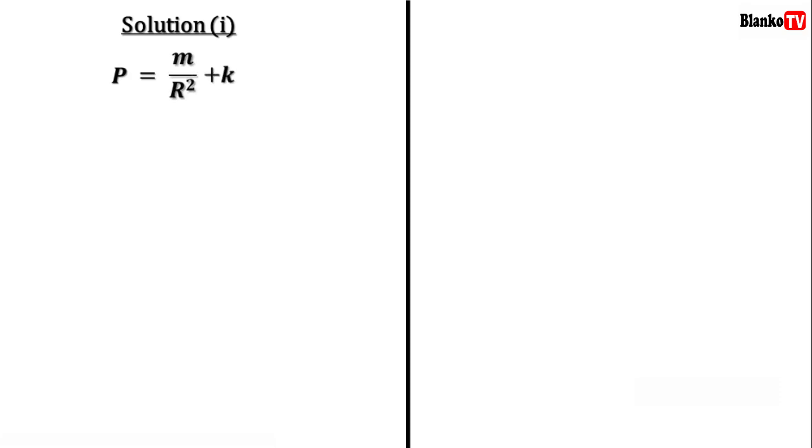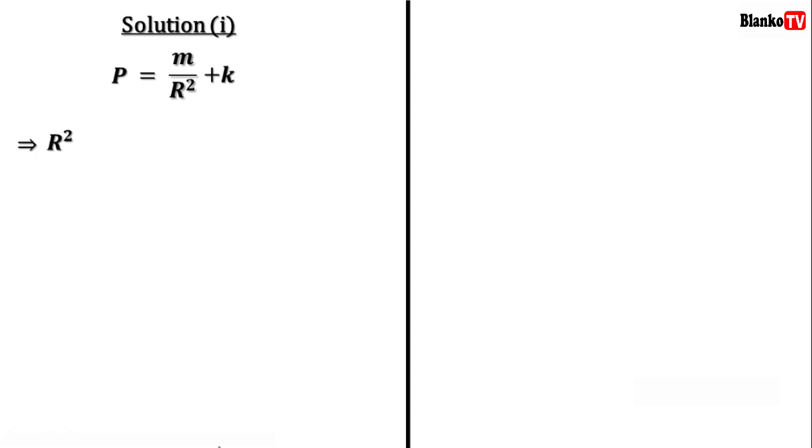Okay, so we have P equals m over r squared plus k, and we are to make r the subject. What we do first is multiply the right hand side by r squared, and we multiply the left hand side by r squared.